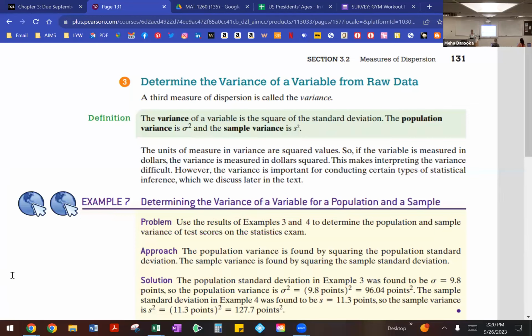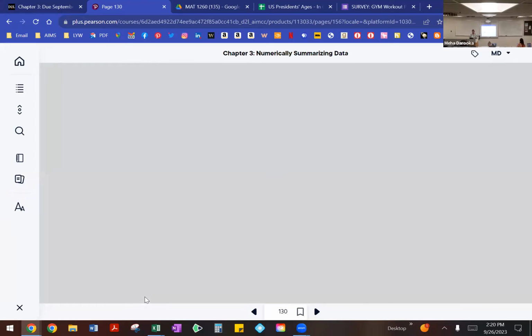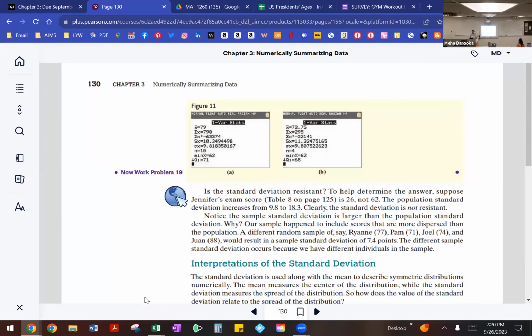All right. If you remember, I had talked about the variance when I showed you that quick example of how to do the standard deviation calculation based on your formula. Right before you take the square root of your standard deviation, the calculation you get is your variance.